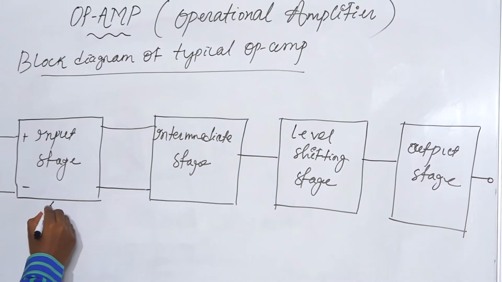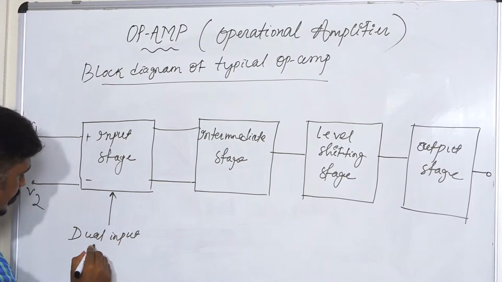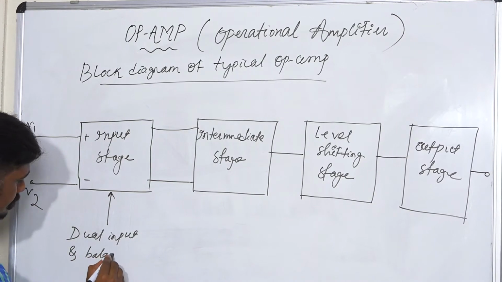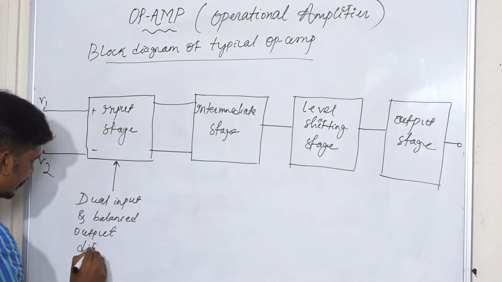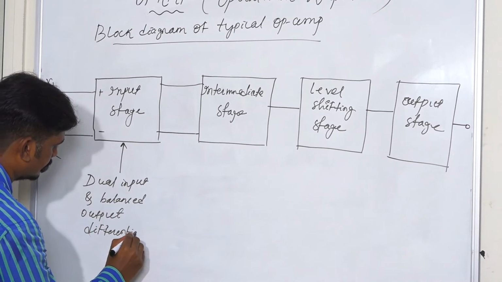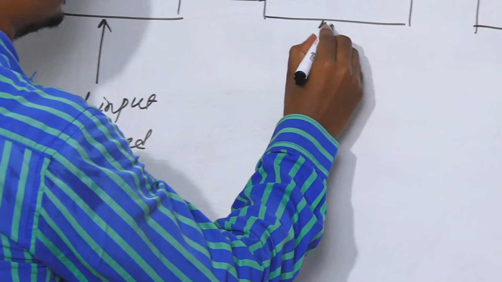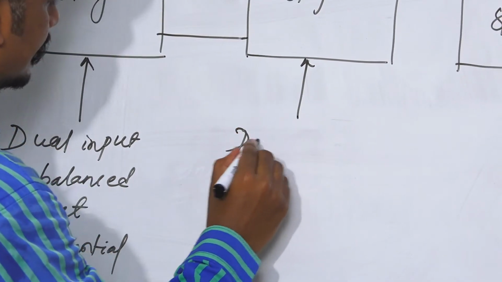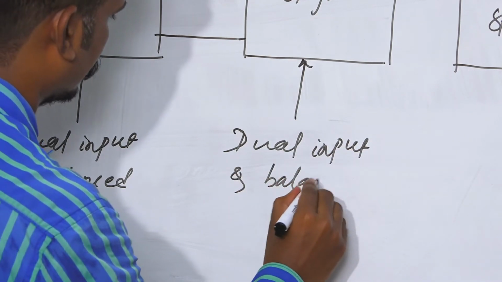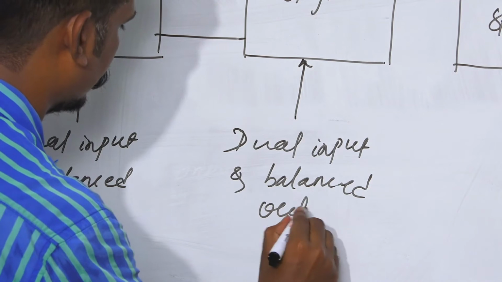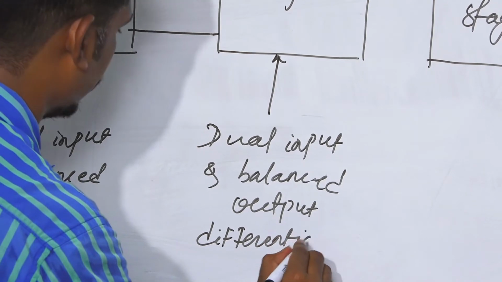So in the input stage, we use dual input and balanced output differential amplifier. In the intermediate stage, same dual input and balanced output differential amplifier.